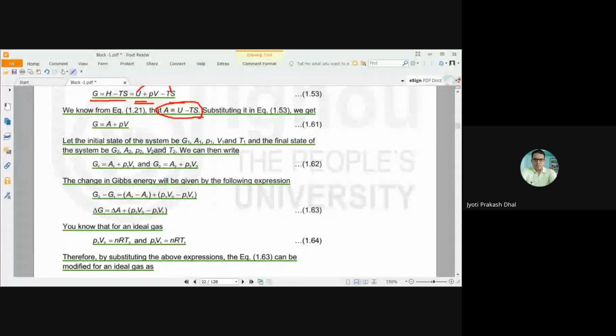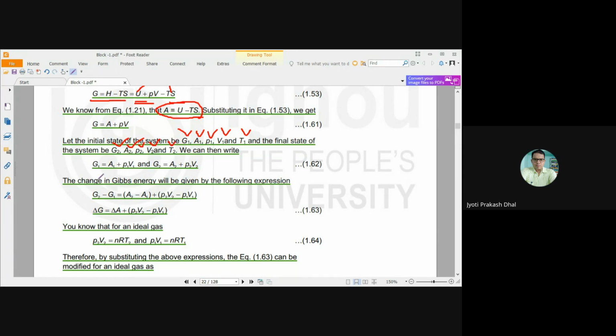And let the initial state of the system have Gibbs energy G1, Helmholtz energy A1, pressure P1, volume V1, temperature T1. And in the final state, Gibbs energy G2, Helmholtz energy A2, pressure P2, volume V2, and temperature T2.